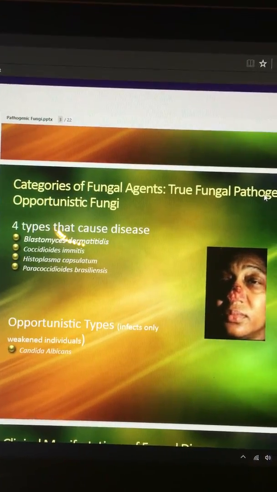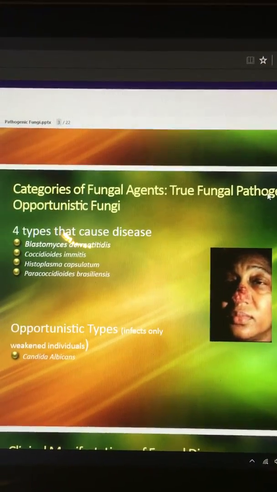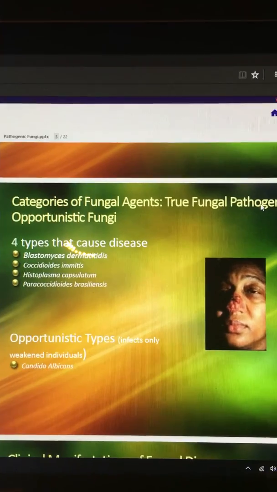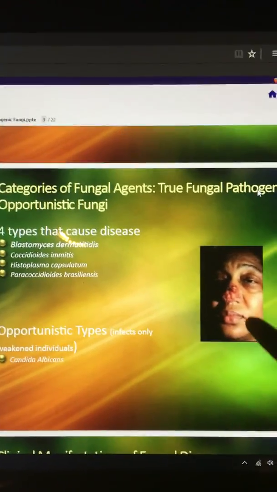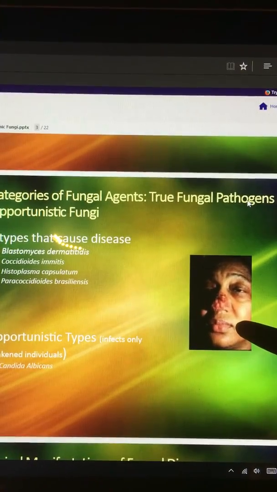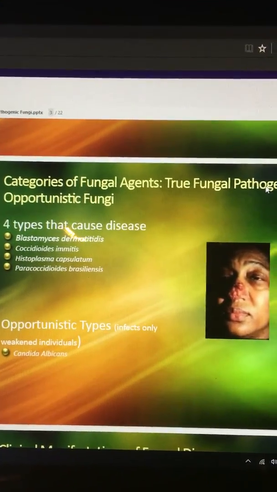And then there's the opportunistic type, which only affects someone who has a compromised immune system, like Candida albicans. And this is an example of a person who has Blastomyces dermatitidis.